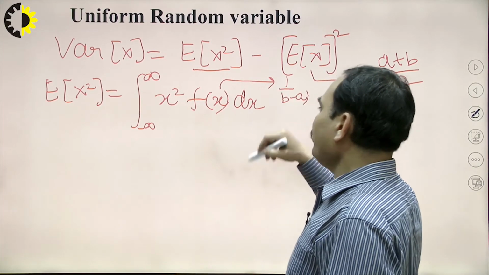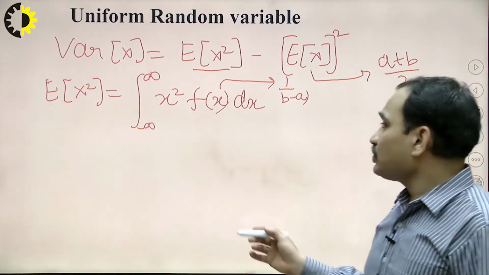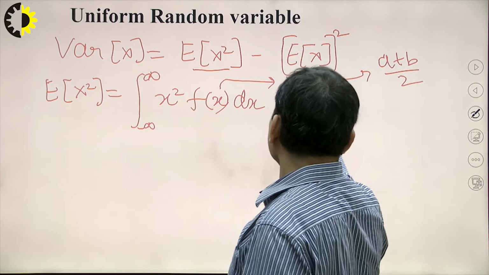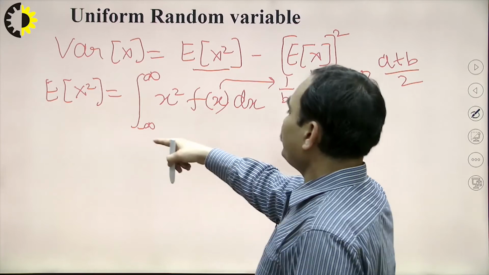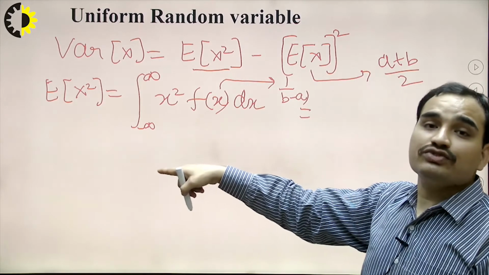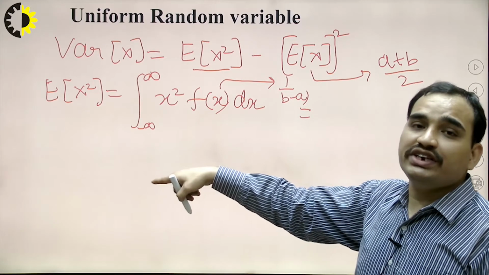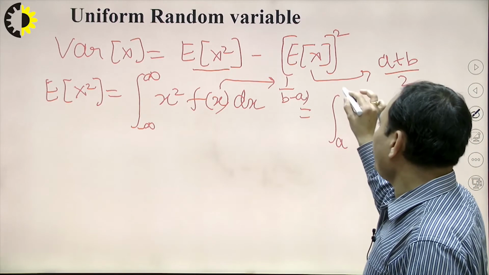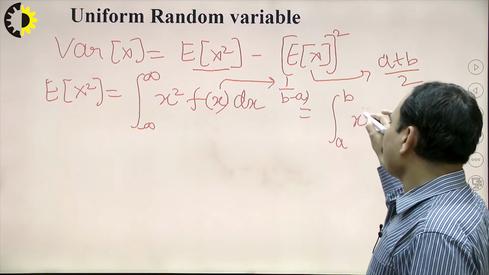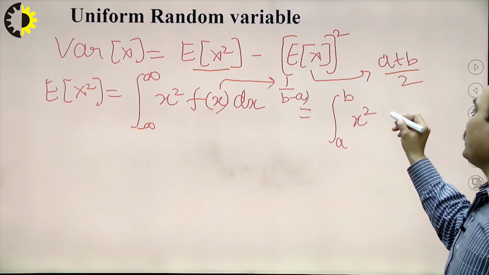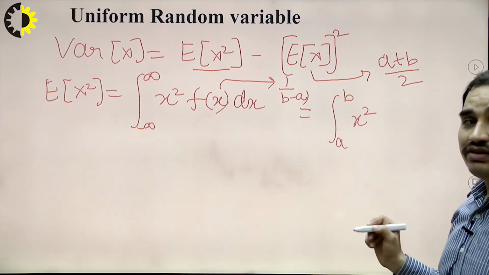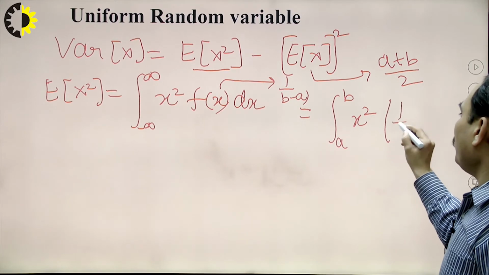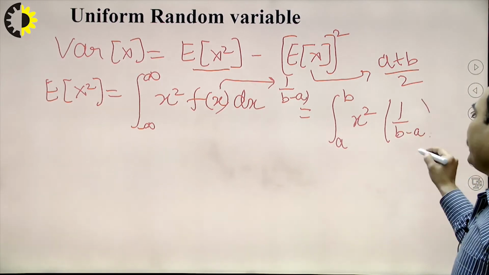Now, substituting the values, the limit will reduce from minus infinity to infinity to a to b. So, the limit is from a to b, x square, then f(x), the PDF, is given by 1 upon b minus a, dx.